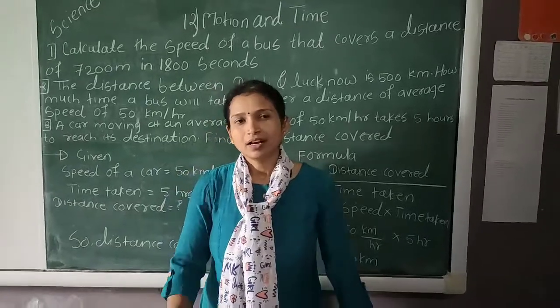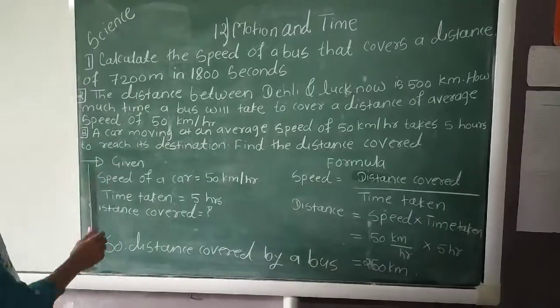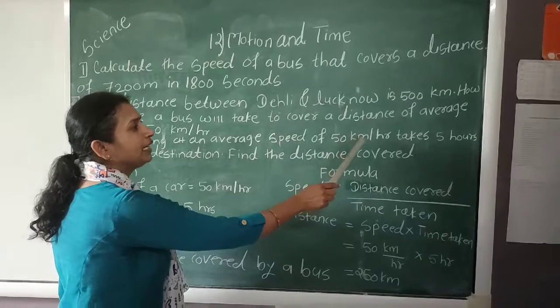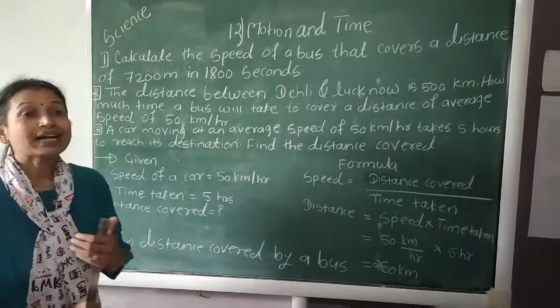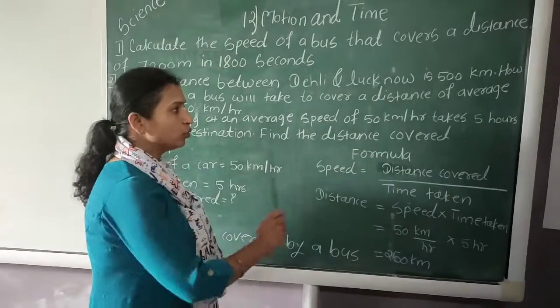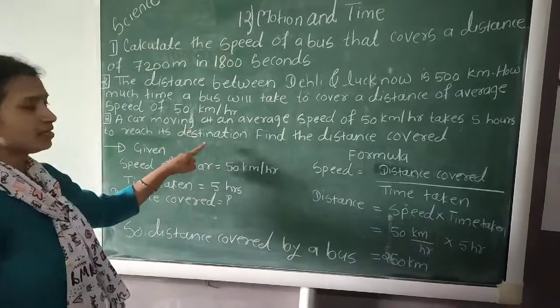Now students, we will solve the third numerical, which is a car moving at an average speed of 50 km per hour. So the car has the speed of 50 km per hour. In an hour, it moves 50 km. It takes 5 hours to reach its destination.